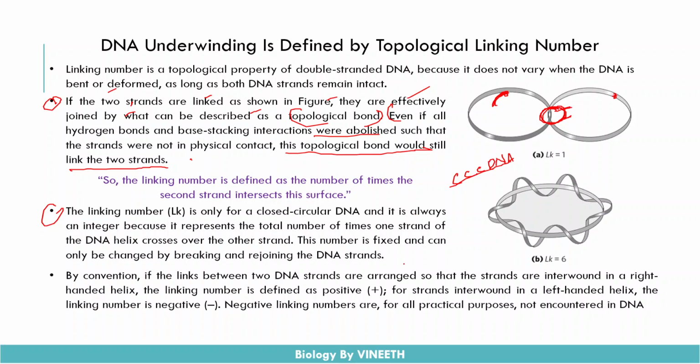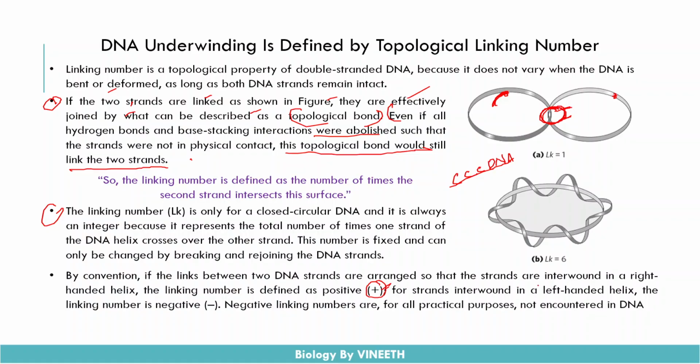The linking number could be positive or negative. A positive sign is given for interwinding in a right-handed DNA helix, and a negative sign is given for interwinding in a left-handed helix. So for the right-handed DNA helix, we define the interwindings as positive, and for the left-handed helix, we define them as negative.